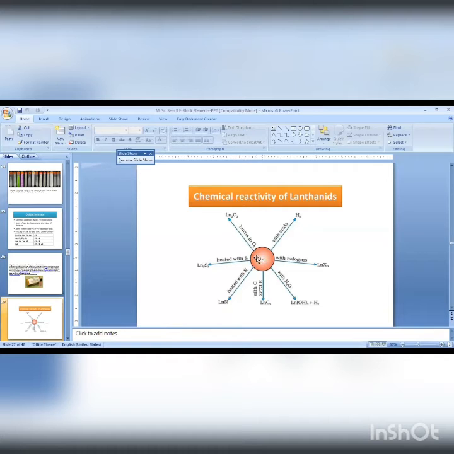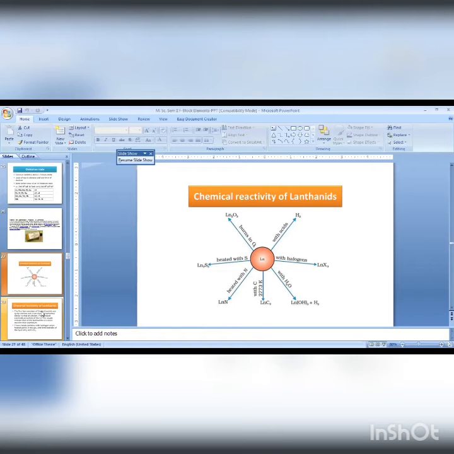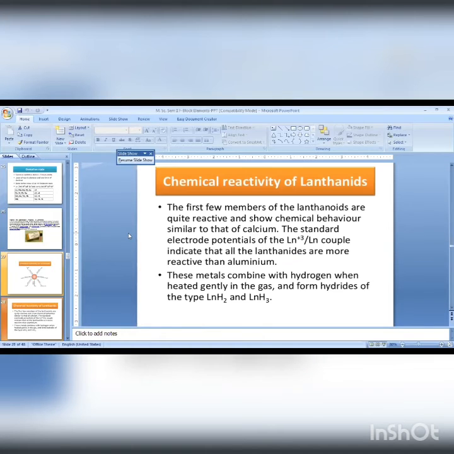And if lanthanide elements are burnt in air or in atmosphere, they can form the corresponding oxide. So with a particular reaction with either acid, halogen, water, carbon, nitrogen, sulfur, or oxygen, they can form the corresponding required product.